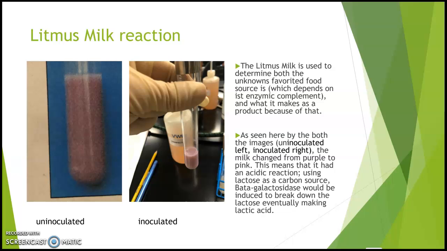As seen here by both the images, the uninoculated on the left and the inoculated on the right, the milk changed from a purple to a pink. This means that it had an acidic reaction using lactose as a carbon source, making the beta-galactosidase to be induced to break down the lactose, eventually making a lactic acid.